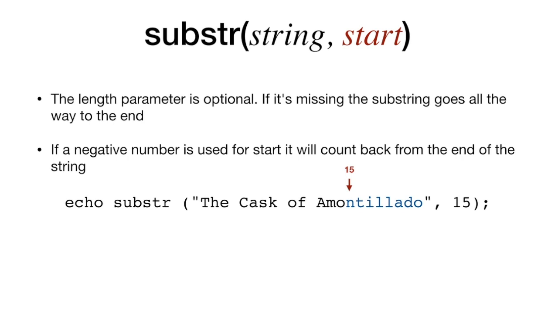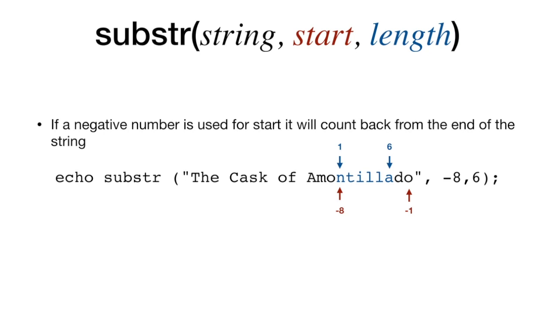There are a bunch of freaky variations that you can use with substring where you use negative values. And I guess there are some weird scenarios where this may be useful, but I'm not sure it's worth the confusion. If a negative number is used for the start position, then it'll count back from the end of the string.